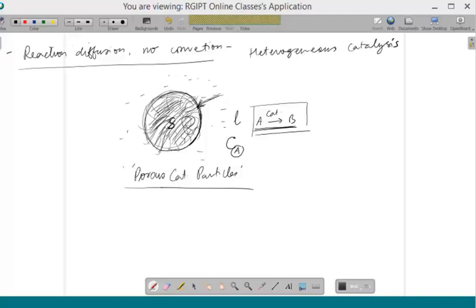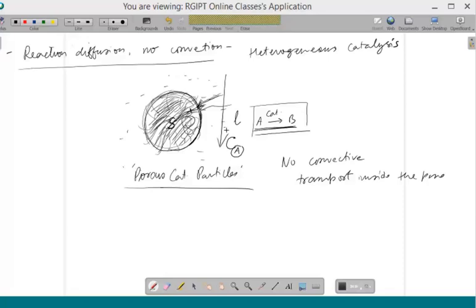Inside these pores, particles will come over to the surface and then diffuse into the pore. Convection can be ignored inside these pores. There is no convective transport inside the pore.